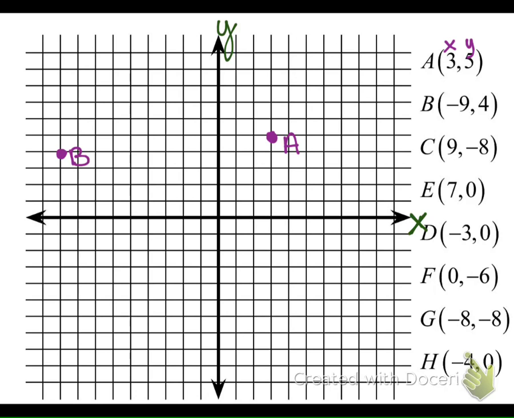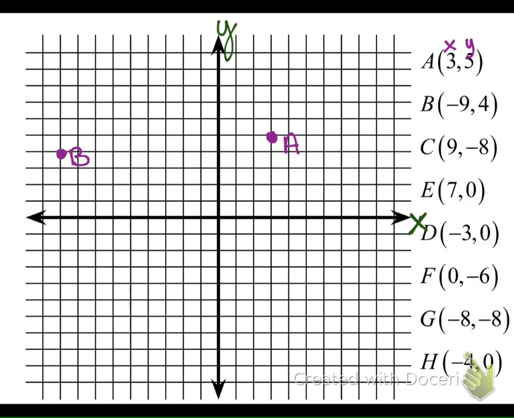The next ordered pair that I'm going to plot is C. So again, I start where? The origin. What's my x? Okay, so it's positive 9. So am I going to go left or right? So I'm going to go right 9 spots. 1, 2, 3, 4, 5, 6, 7, 8, 9.